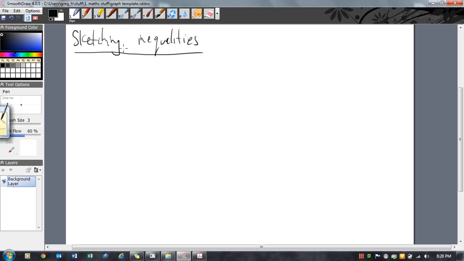Okay, so sketching inequalities. The steps to sketching inequalities is to first sketch the, in quotation marks, the equality. Sketch the linear graph.